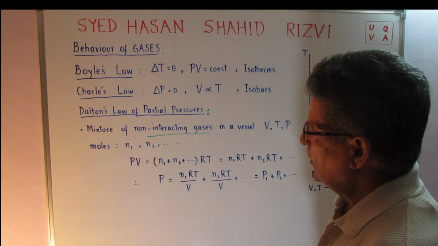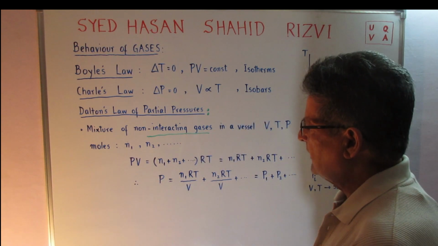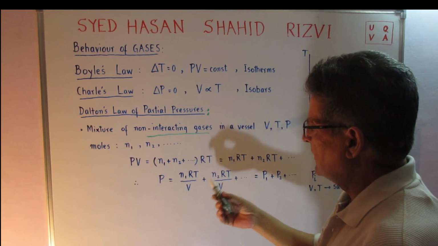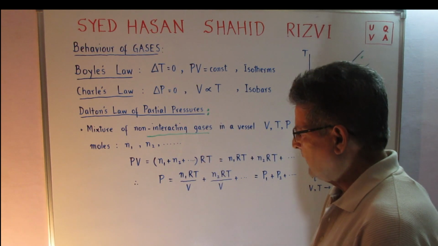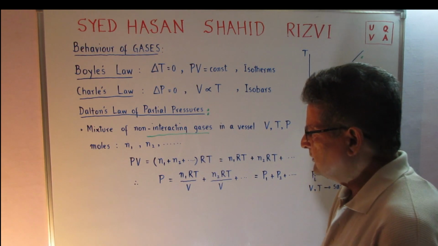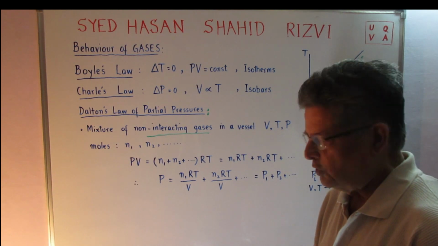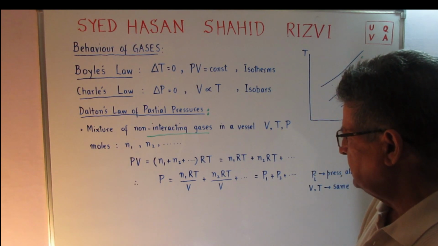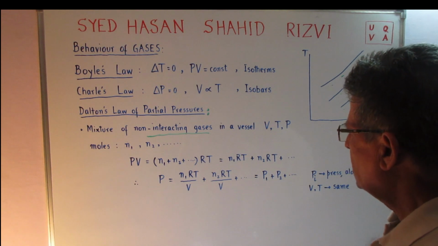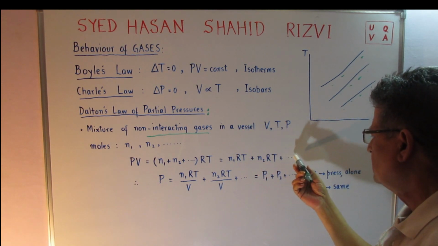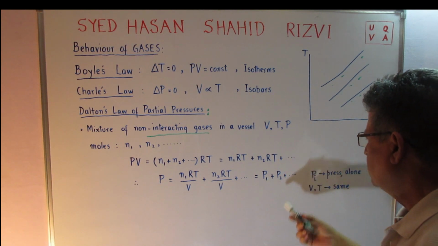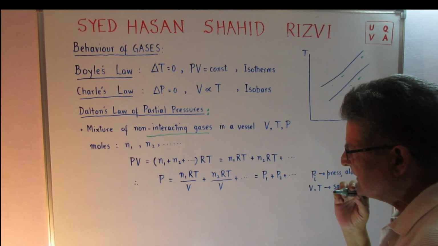In doing so, we write the equation PV = (n1 + n2 + n3 + ...) RT, where n1, n2, etc. are the number of moles of those non-interacting individual gases. So I can write it as n1RT + n2RT + n3RT, etc.